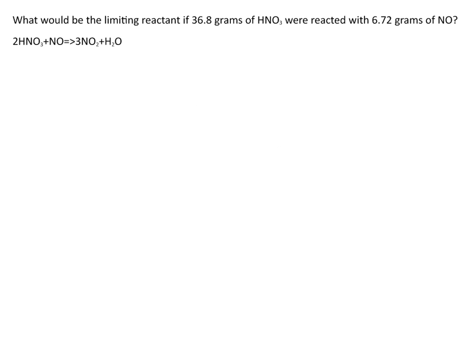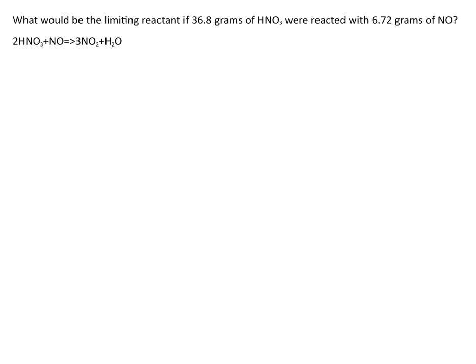So for time's sake, I went ahead and gave you the equation, and it's already balanced for us. So what would be the limiting reactant if 36.8 grams of nitric acid were reacted with 6.72 grams of nitrogen monoxide?